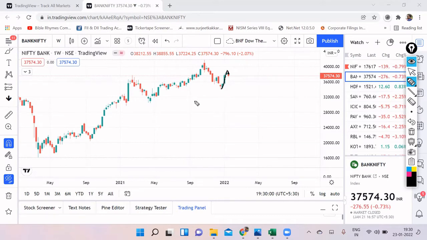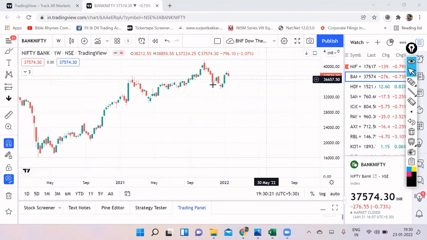So the correction in Nifty seems to be a little bigger comparatively. If we look at Bank Nifty, this is just a small dip. So right now the question is whether the market is bullish or is it turning bearish or what is it? So that is something which we are going to discuss in this particular video.